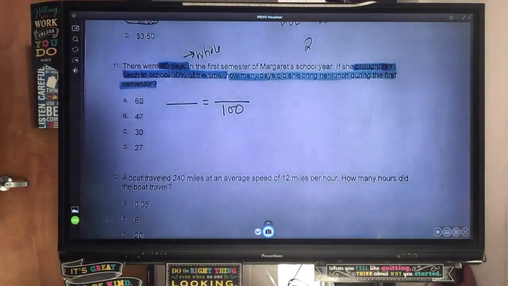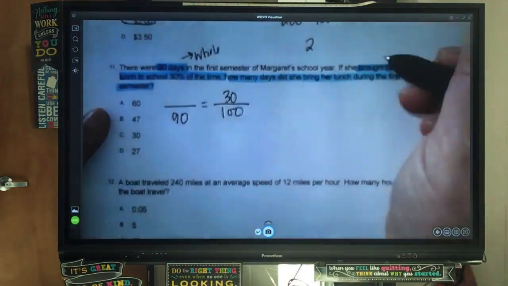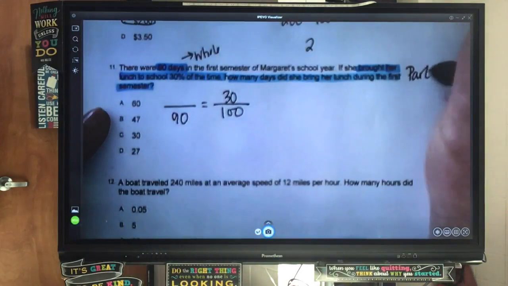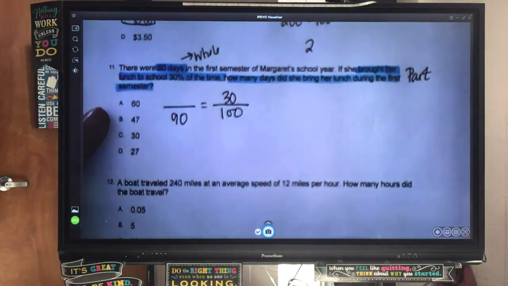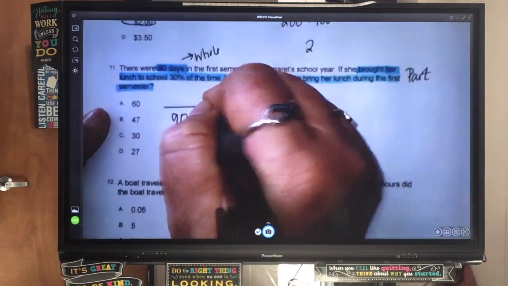Alright, so I have my whole, which is 90. I have my percent, which is 30. So I'm looking for the part. Alright. What's the easiest one we can use for this one? What do you think? Mila? Alright, so cross multiply.